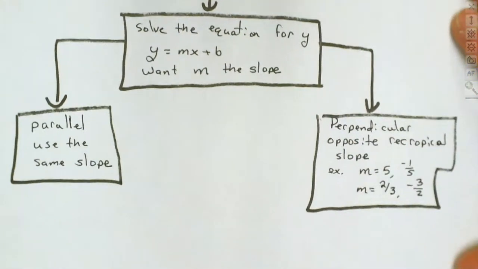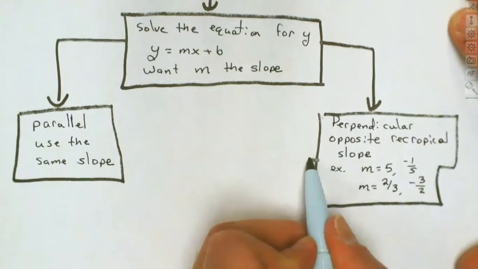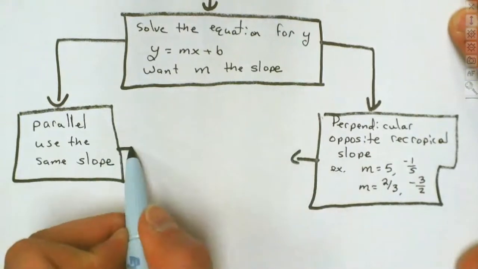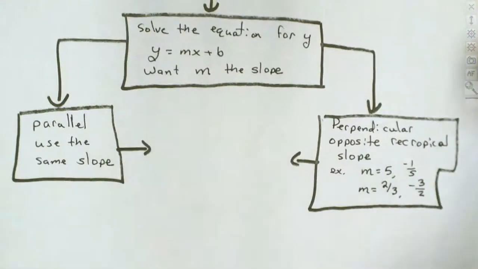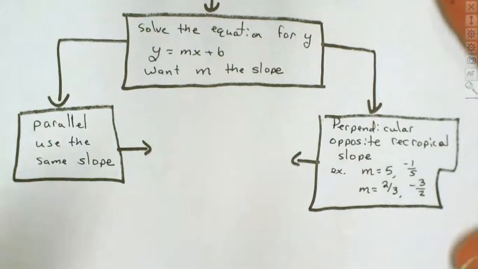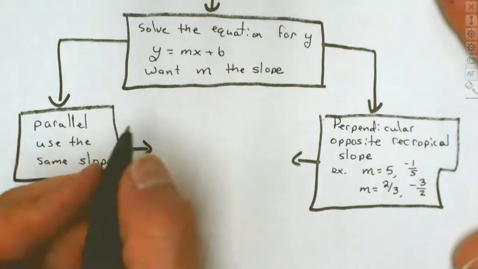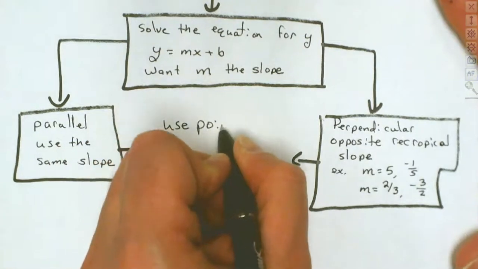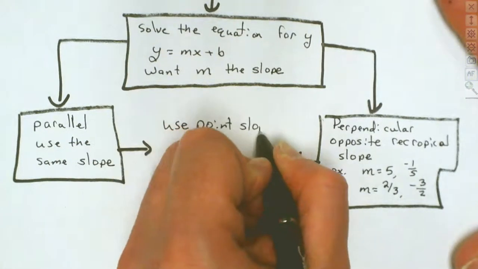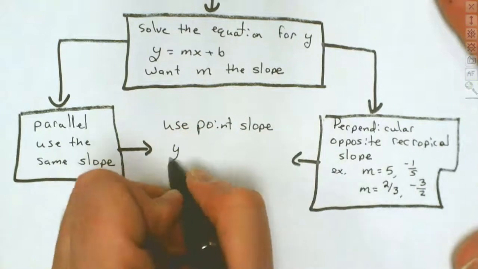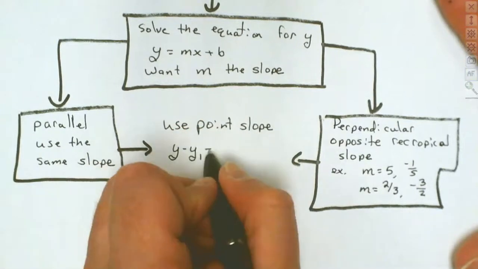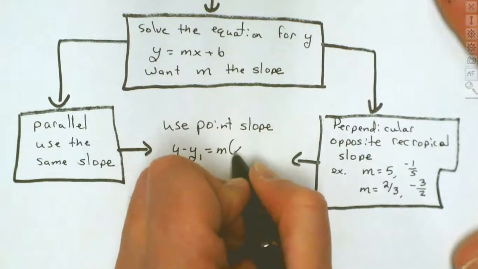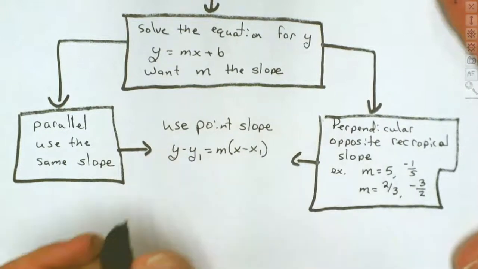And then where these lead to is they lead back to point slope. Either way, you're going to have to use point slope, which is y minus y1 equals m times x minus x1.